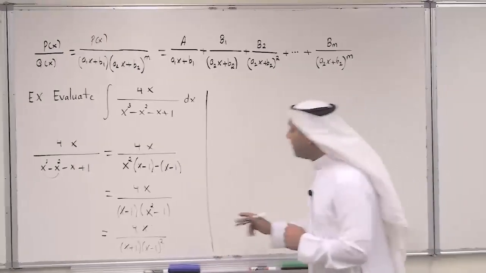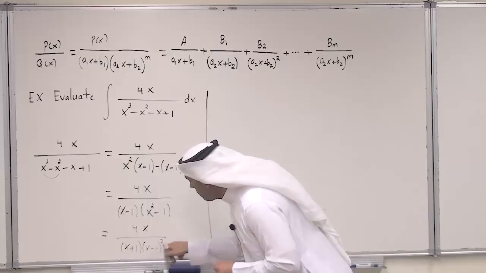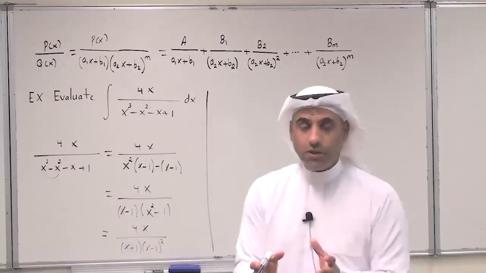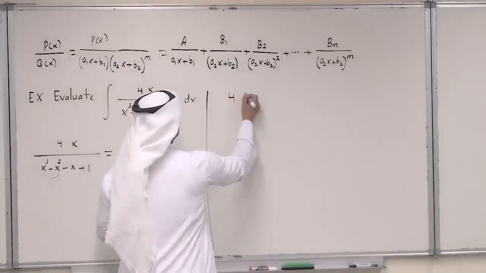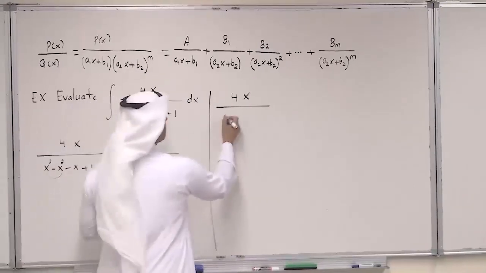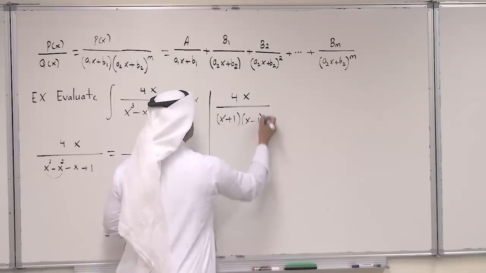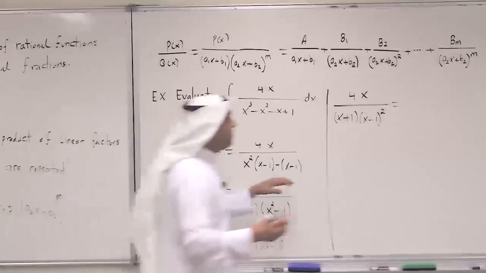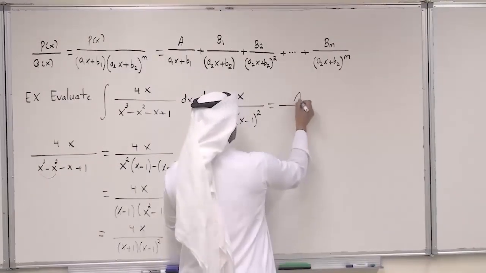Now, if we look for the cases we have, this is a case where the denominator is factored into linear functions, but one of them is repeated. So what will be the form of the partial fraction decomposition? I come to the function now, 4x divided by x plus 1 multiplied by x minus 1 all squared. According to the case we have here, we write one constant for the first factor, I call it a, for example.